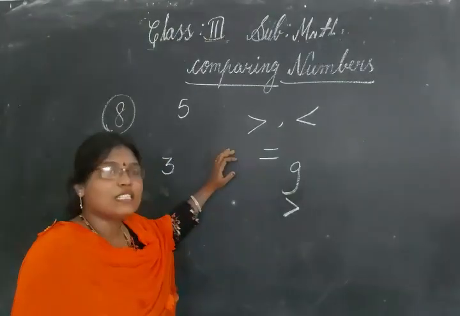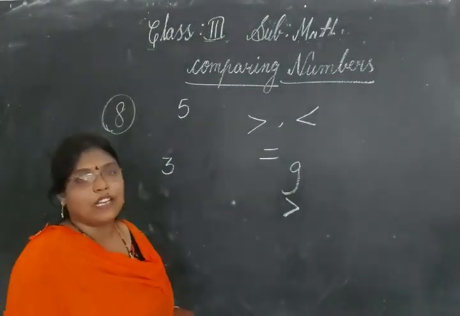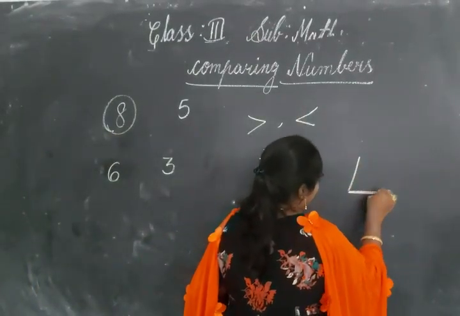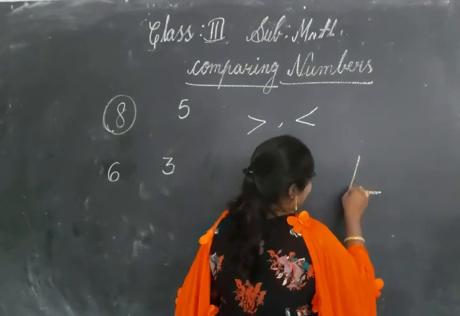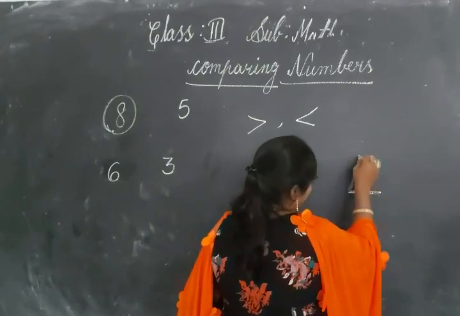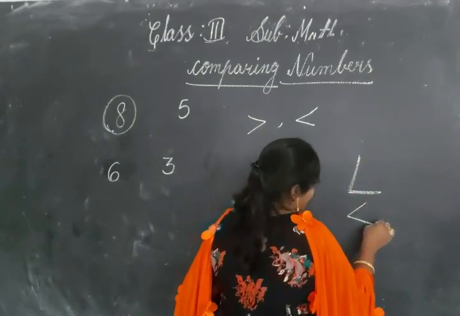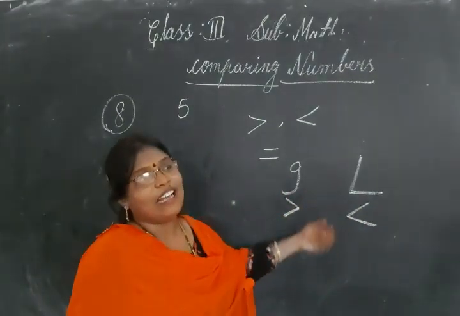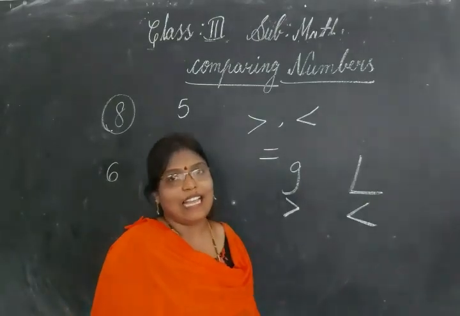What is the first letter in less than spelling? Which is L. In which direction are we writing L, children? In this way, right? So in which direction we are writing L, that direction symbol is less than.